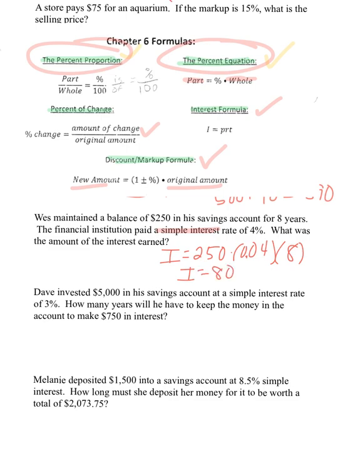When you're doing these, be sure to read your problems, decide what this problem is asking me to find, and then choose the formula that makes the most sense. If it literally uses the words simple interest, there's only one formula that you can use, and that's your interest formula.